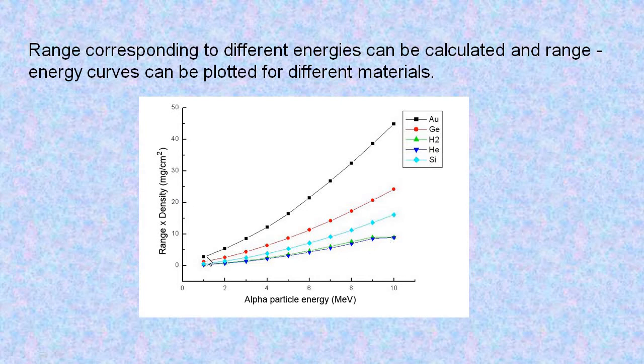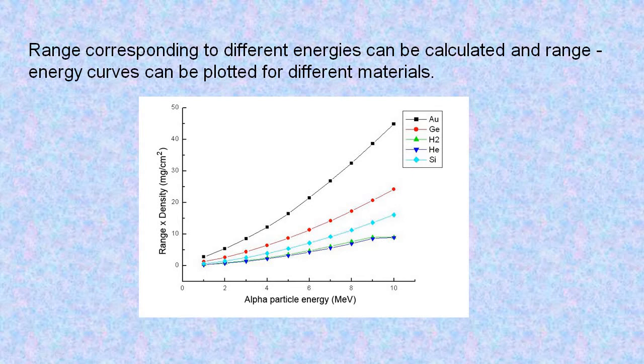We have used different materials: this one is helium, this is silicon, this is germanium, and this is gold, and of course you have hydrogen here, and above this helium you can see that green graph. They are almost close, this hydrogen and this helium.